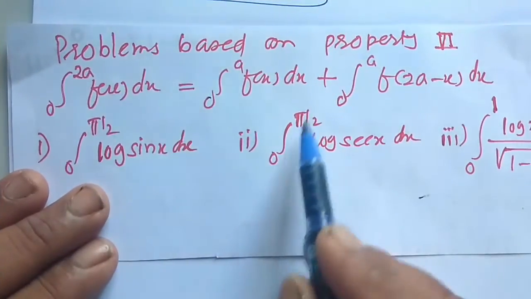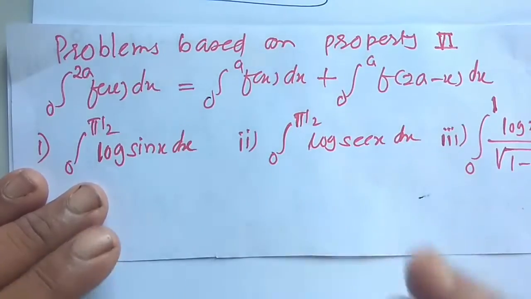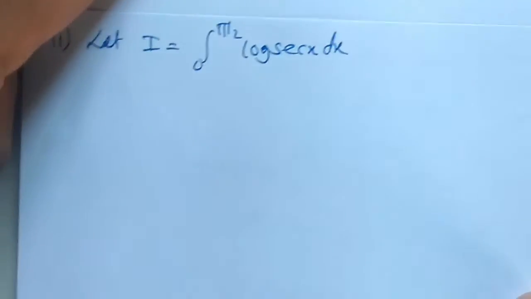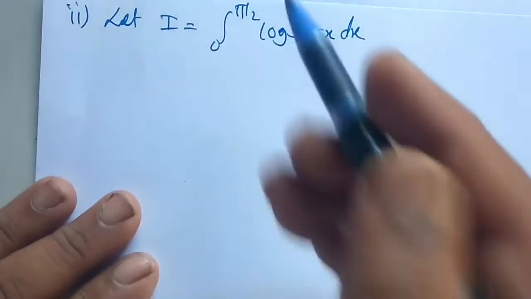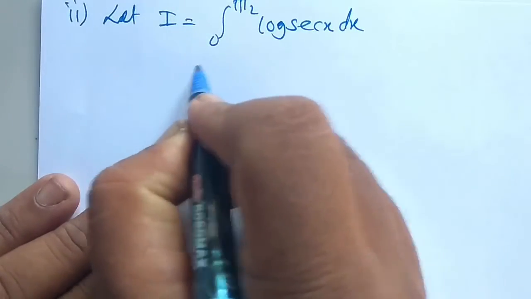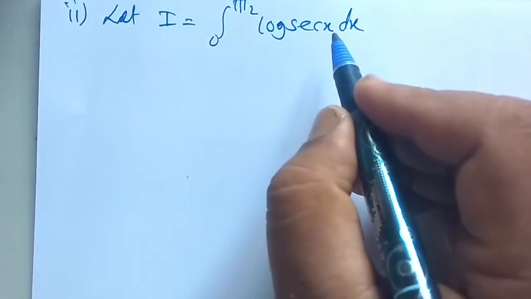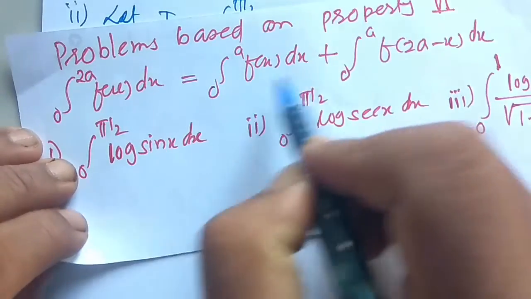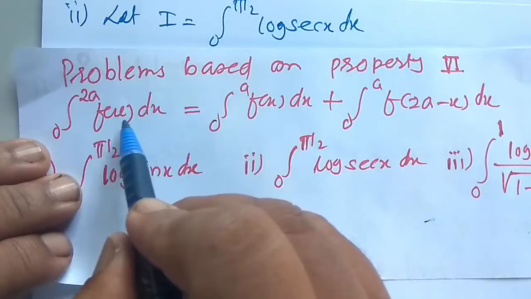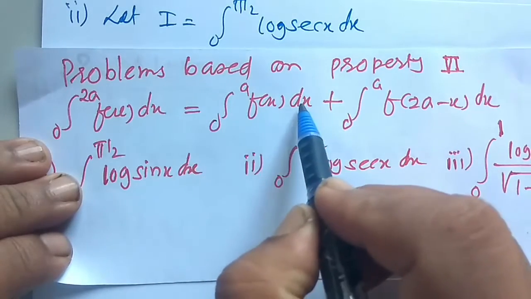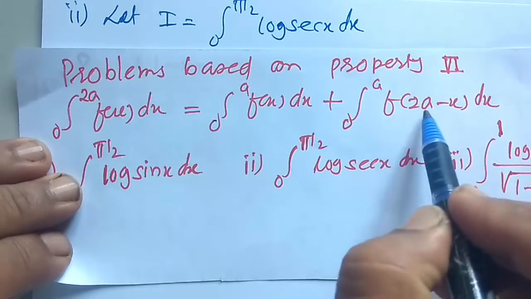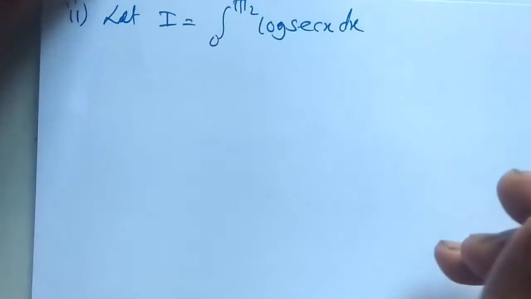Second example: integral 0 to pi by 2 log of sec x dx. Here using property number 6, integral 0 to 2a f of x dx is integral 0 to a f of x dx plus integral 0 to a f of 2a minus x dx.